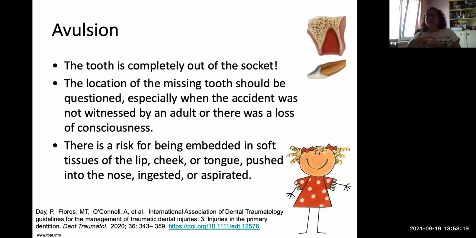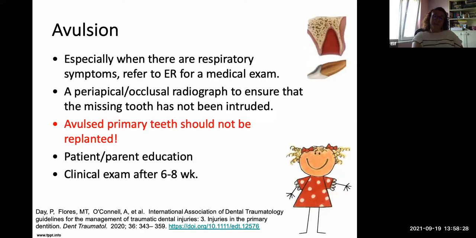And also there's a risk of being embedded in soft tissues of the lip, cheek, or tongue, pushed into the nose, ingested or aspirated. These are possibilities. Especially when there are respiratory symptoms, we should refer the patient to the ER, to a medical exam.